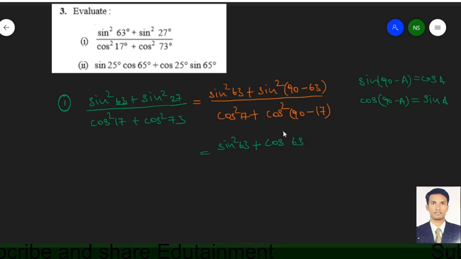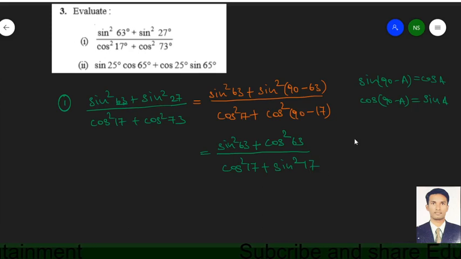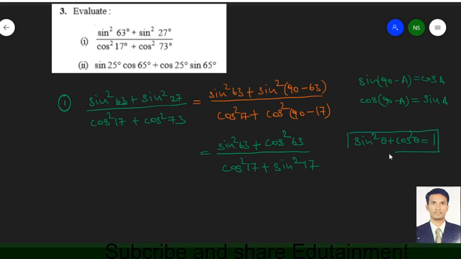Here we have square, so we get square here. Cos square 17 plus cos 90 minus A is sine A. Based on that formula we can write sine square 17, and by using the identity sine square theta plus cos square theta, which is equal to 1, we get here 1 divided by 1.